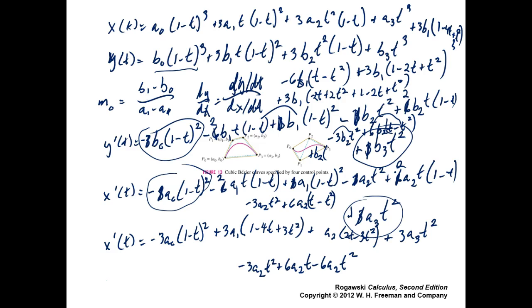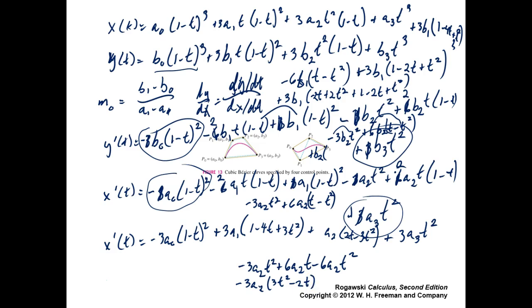Looks like a minus 9a2t squared plus 6a2t, and if you factor 3 out of that, that'd be a minus 3a2 times 3t squared minus 2t.